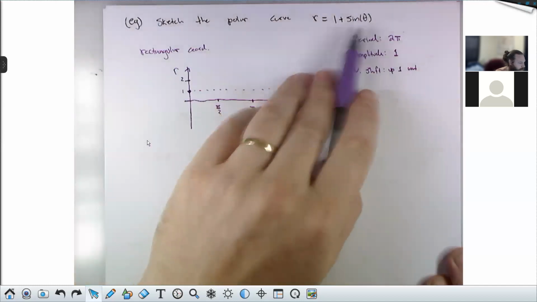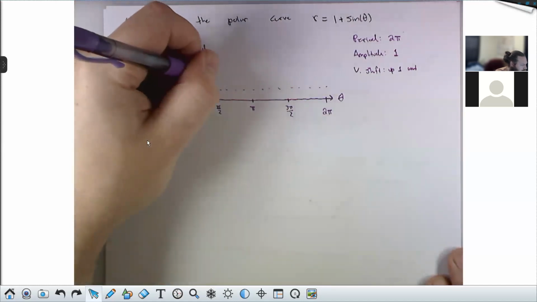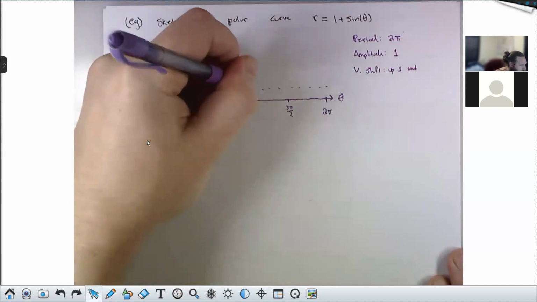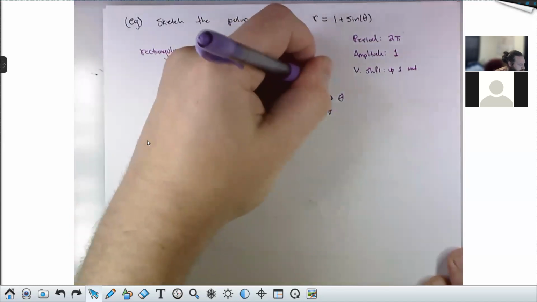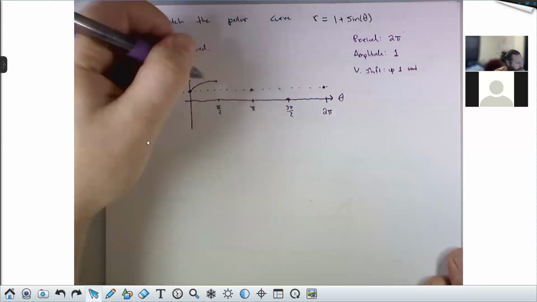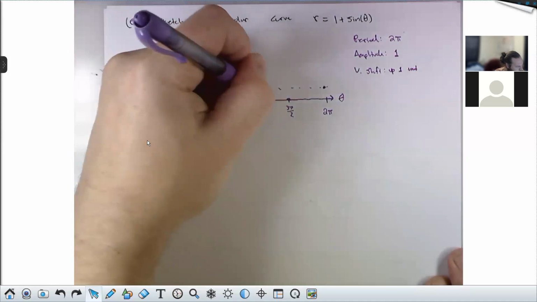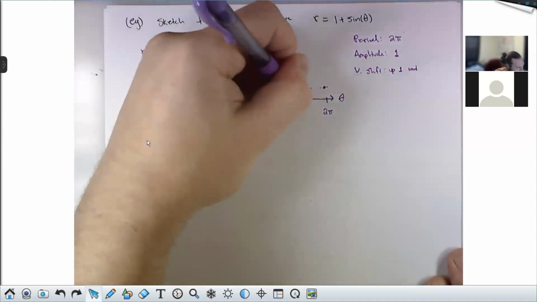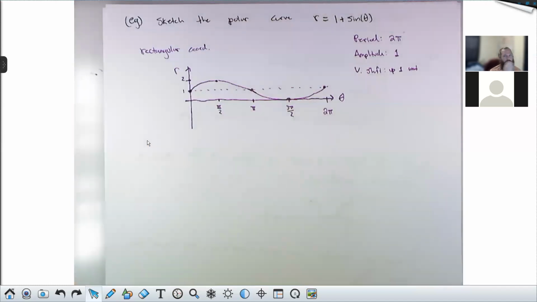You plug in 0 for theta, you get r equals 1 plus 0, which is 1. Sine reaches its max by pi over 2, comes back through its equilibrium at pi, reaches a min at 3 pi over 2, and finishes at its equilibrium over here. So here's my sine wave, just a regular sine wave, only shifted up 1 unit.